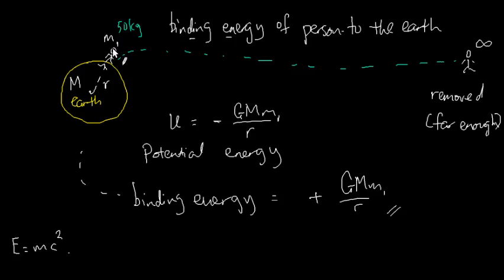Now we can look up the mass of the Earth and its radius. The mass of the Earth would be 5.97 times 10 to the power of 24 kilograms, and the radius would be 6380 kilometers.